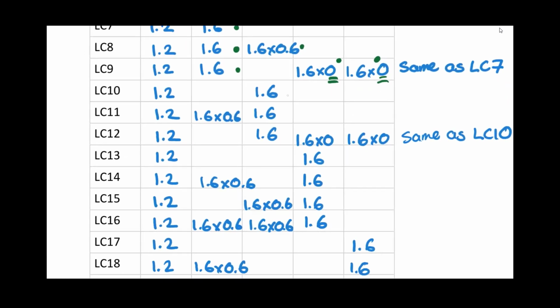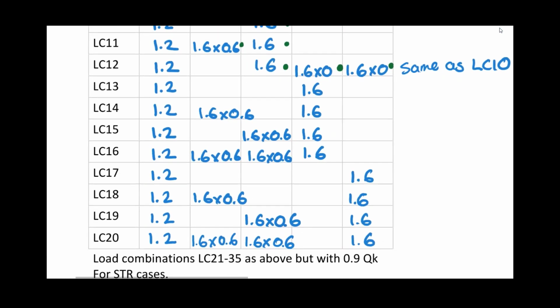Now I've made the apex load governing and then put it either with the roof load or with the wind, but once again the wind disappears because there is a 0 combination factor. Then we move on, and now the wind load is leading. And then we combine it either with the roof load or the apex load, or both.